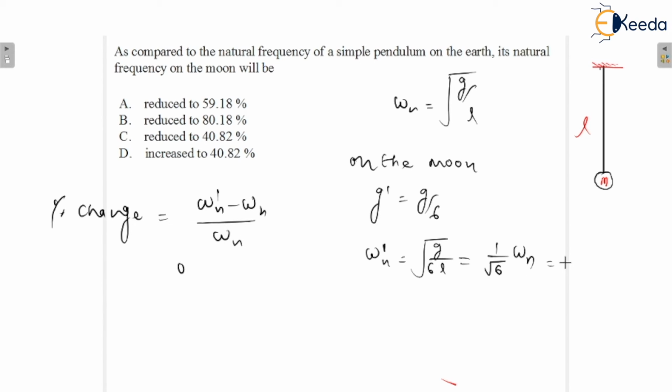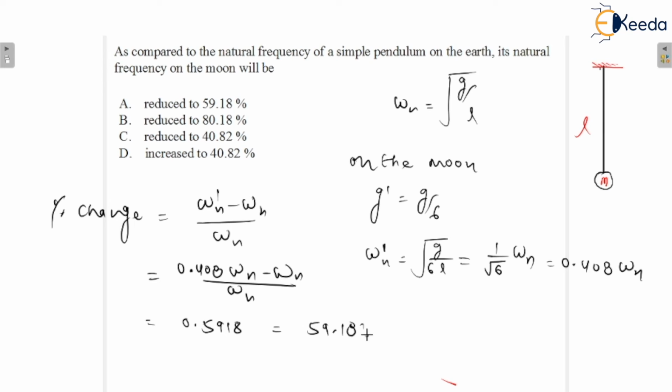So I'm going to write here 0.408 omega n minus omega n upon omega n. So it would become 0.5918. In percentage, it would be 59.18%.